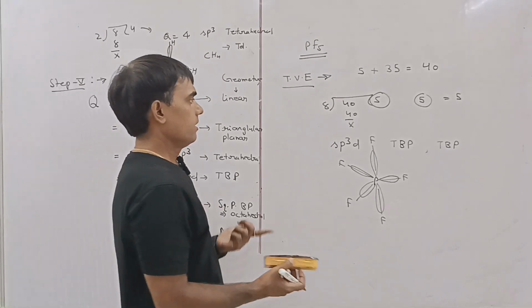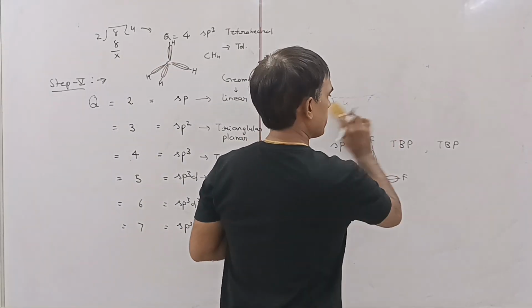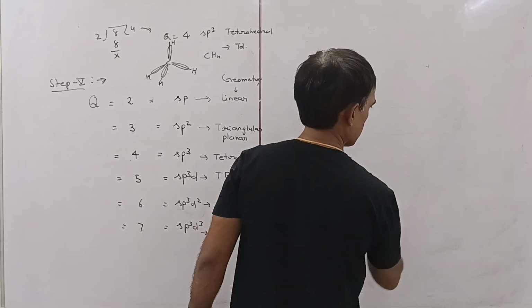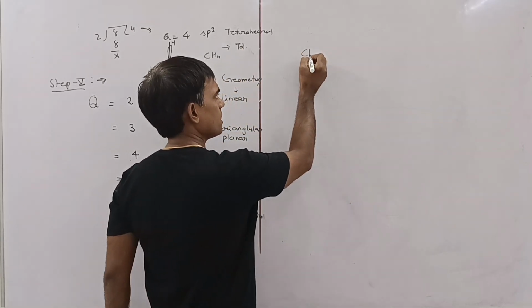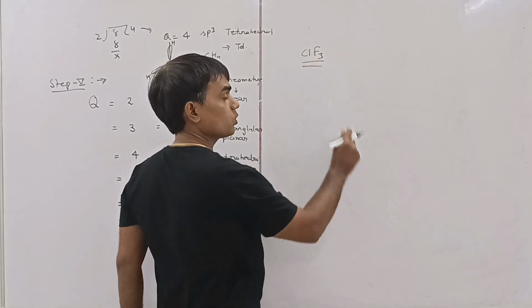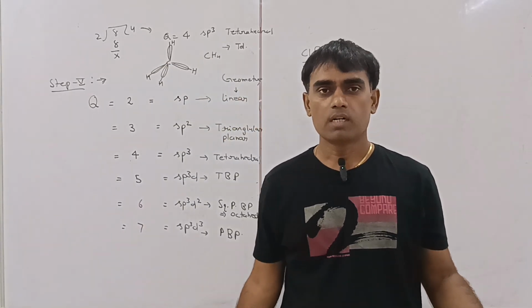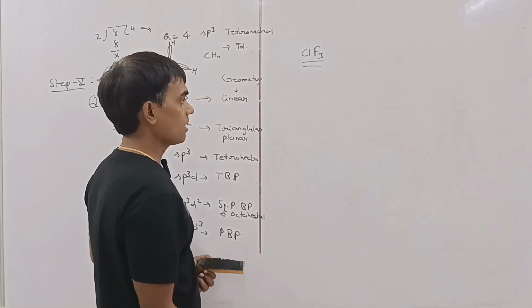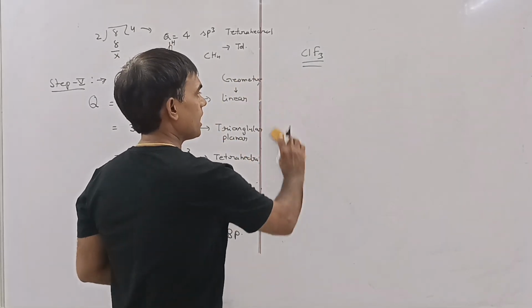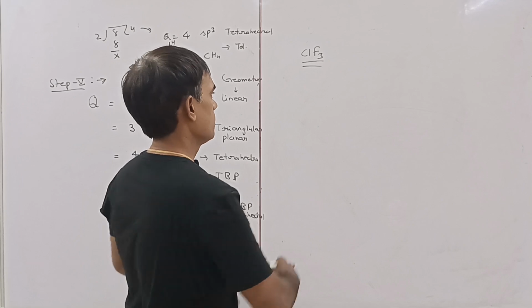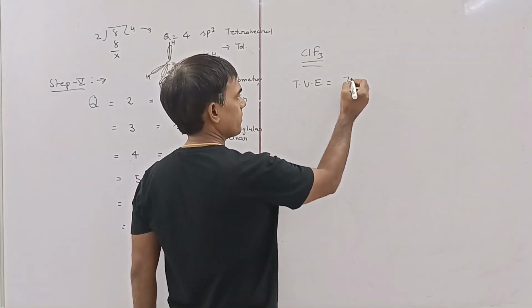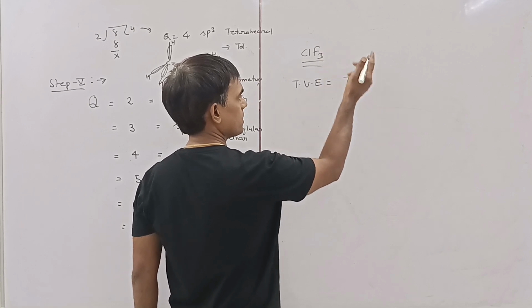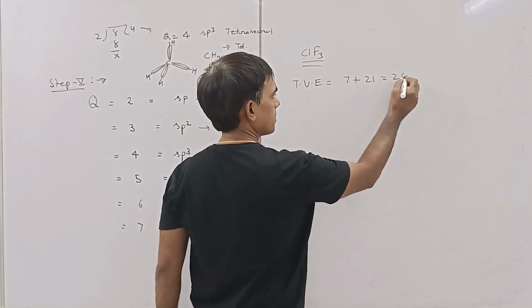Let us take something more difficult. You are thinking that the formula cannot be applied to more difficult molecules. For example, take ClF3. Now the students are totally amazed and confused about how to find the hybridization. See, total number of valence electrons is 7 plus 7 times 3, which is 21, so 28.